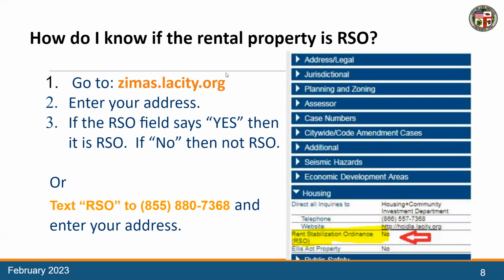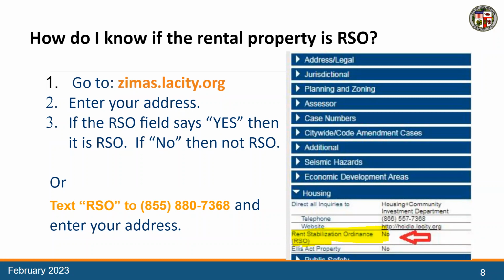Another tool, as I mentioned earlier about ZIMAS, is to use the zimas.lacity.org website, where you could enter your address, and a list of accordions will populate on the right side to show if your unit is subject to the rent stabilization ordinance. On the screen, in the accordion labeled Housing, there's a highlighted area that says Rent Stabilization Ordinance.